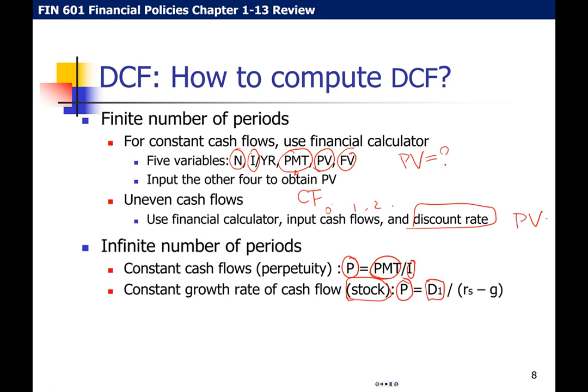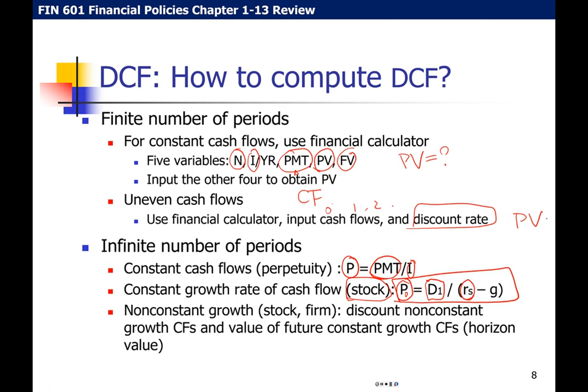Since now the payments are not constant, which dividend you use is very important. And for the price or present value of a stock as of today, time 0, we're gonna need the dividend from time 1. Okay, and divide by the required rate of return of the stock, we also call it cost of equity, minus the growth rate of the cash flows. This is the formula you can use for a constant growth rate perpetuity.